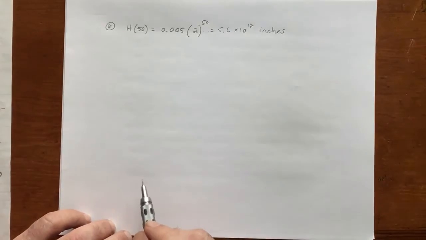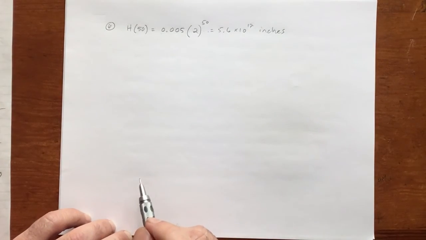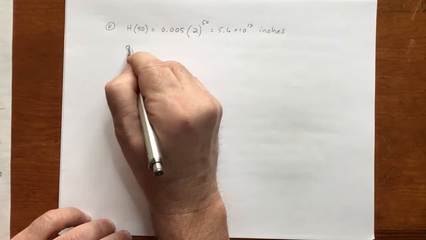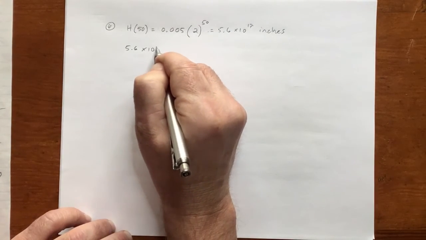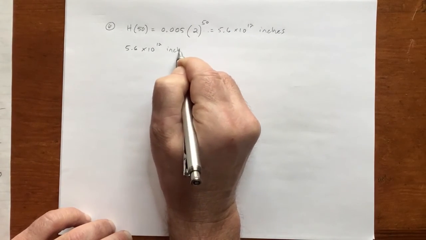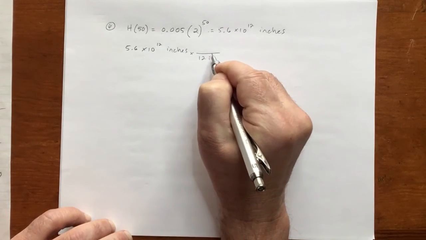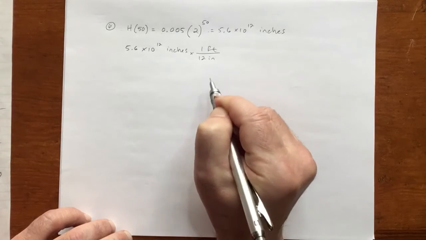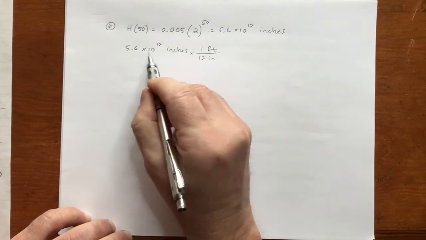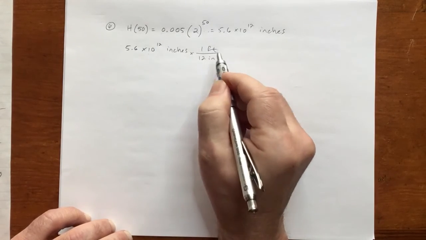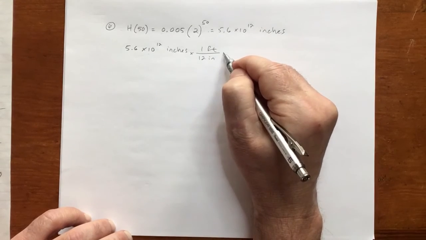So let's go ahead and convert that to a more reasonable unit. So you have 5.6 times 10 to the 12th inches. And I know that there are 12 inches in 1 foot. So I could easily just divide that by 12 and get feet, but still it's going to be too many feet.